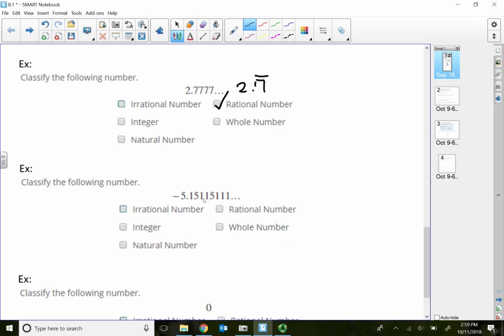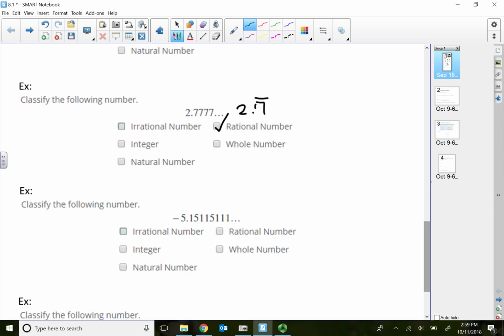All right, this is an interesting one. This decimal number appears to have a repeating pattern. Negative 5.151151115. That's not actually a repeating pattern. What we're looking for is digits that repeat. If this decimal number were like negative 5.15151515, then that's a repeating pattern.